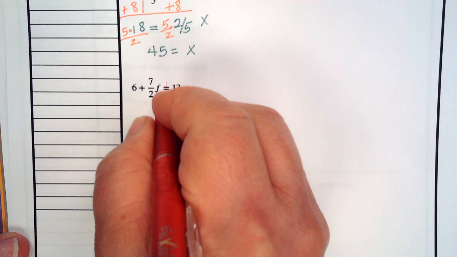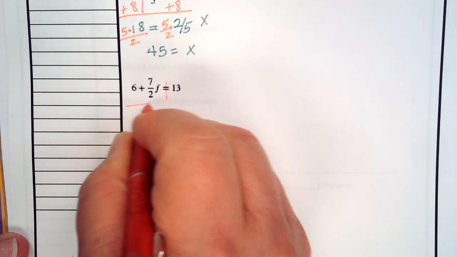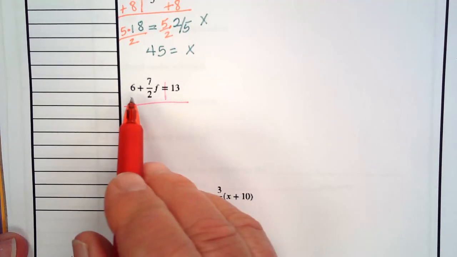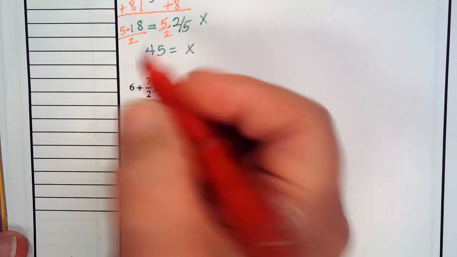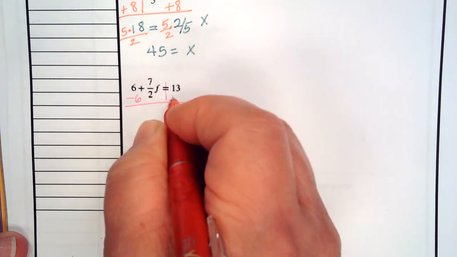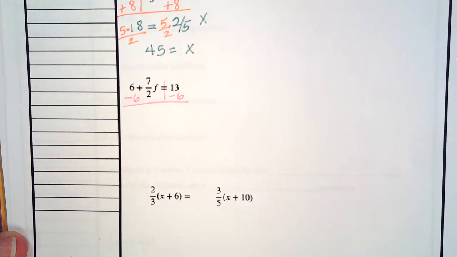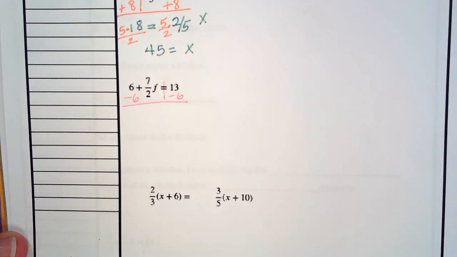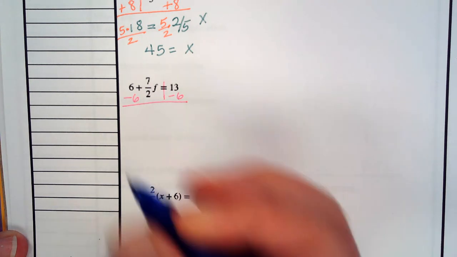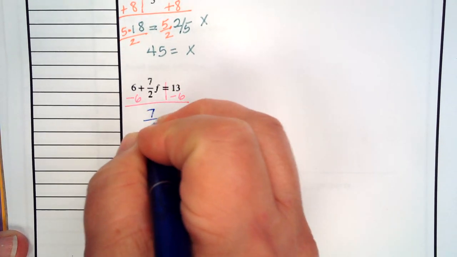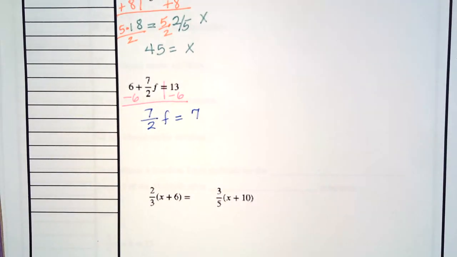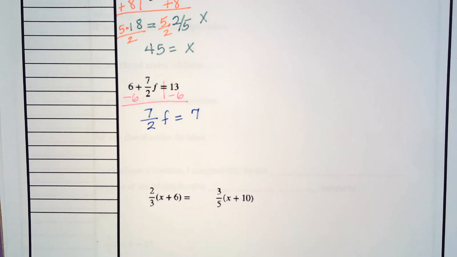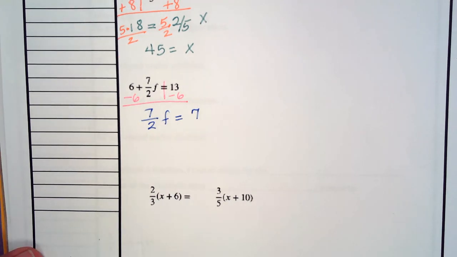Okay, I hope you tried and that we're just doing a check of your work. 6 plus 7 halves f. Well, I need to get rid of the 6. I will subtract 6 from both sides. Okay, 7/2 f is equal to 7. Going to multiply by that reciprocal.